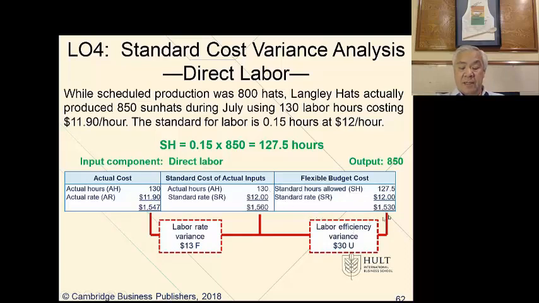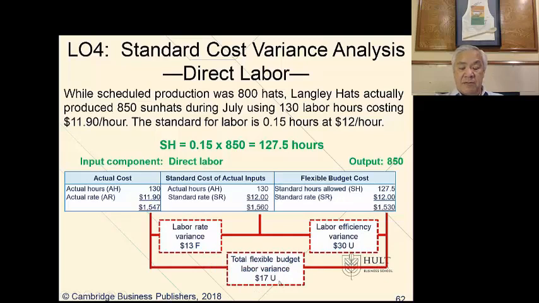So we went the other way, and we have a labor efficiency unfavorable variance of $30. Overall, we're off $17 unfavorable, as we saw. It's the difference between what we actually paid, 1,547, versus what we should have paid, 1,530. So we're off 17 unfavorable. But the beauty of variance analysis is it tells us why. It happened because our labor wasn't efficient and we were actually able to get a lower rate.